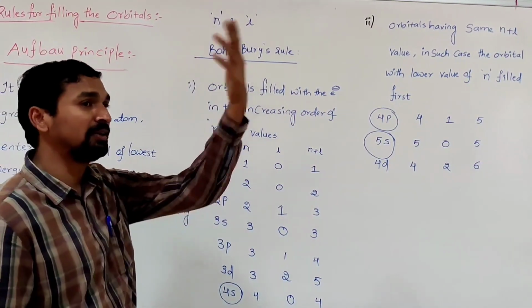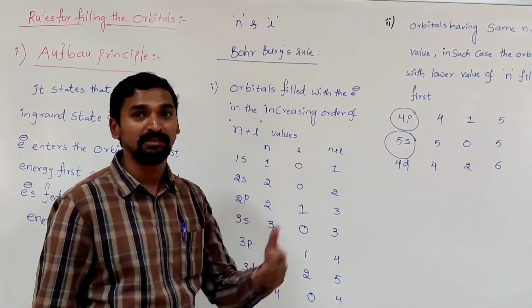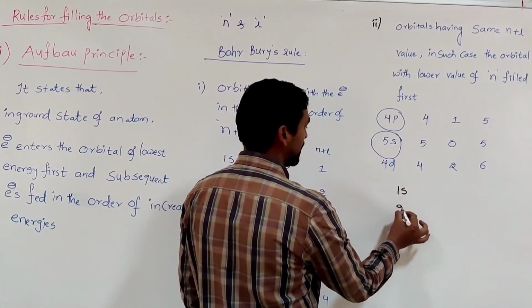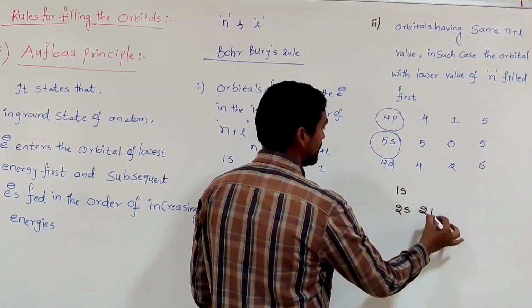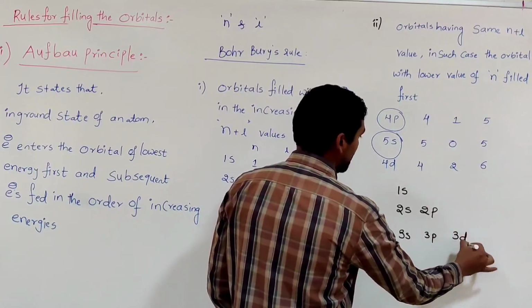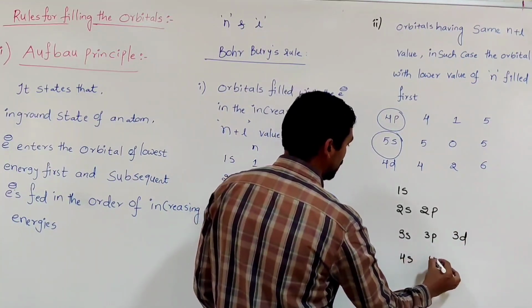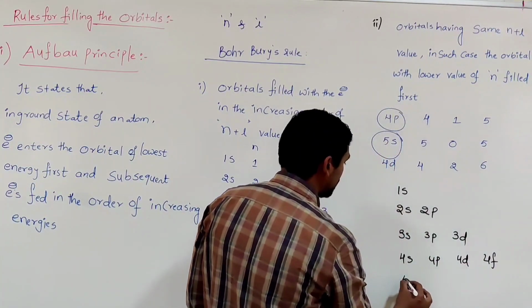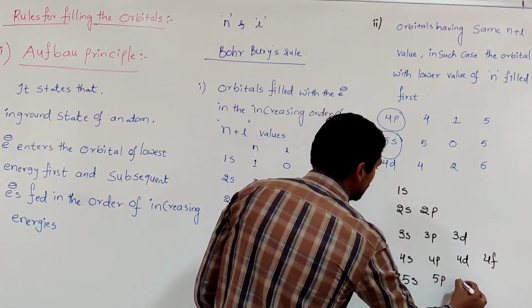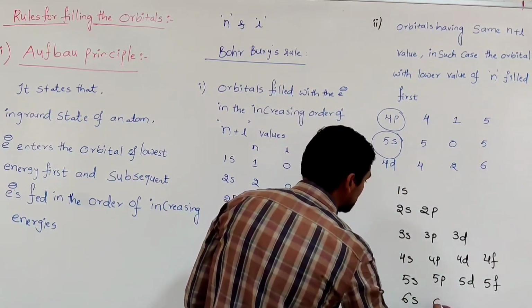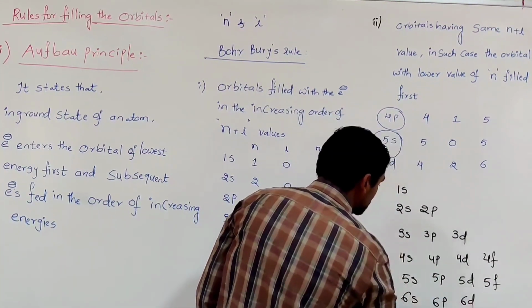Based on that, whatever you see in the Moeller diagram in your 10th class, you can draw like this. First you write 1s, then 2s and 2p, then 3s, 3p and 3d, then 4s, 4p, 4d, 4f, then 5s, 5p, 5d, 5f, 6s, 6p, 6d, 7s, like that.